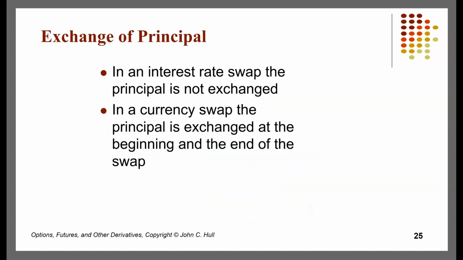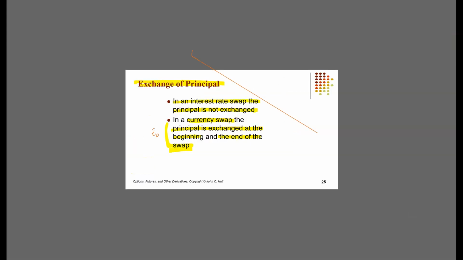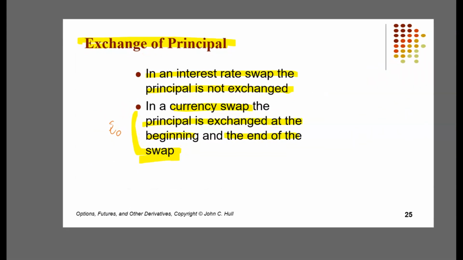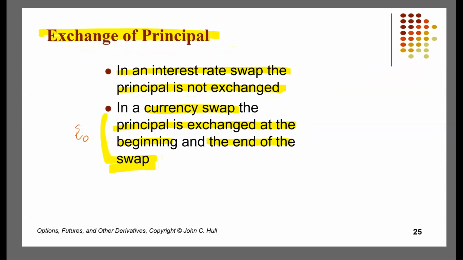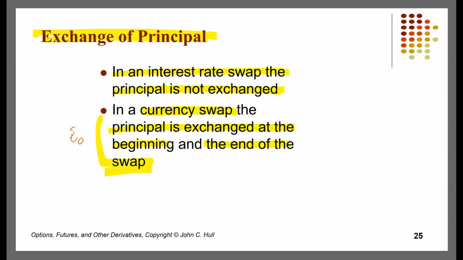With exchange rate swaps, principal is exchanged. In an interest rate swap, principal is not exchanged. We talked about that a second ago. In a currency swap, principal is exchanged at the beginning and at the end of the swap agreement, and this is because of those exchange rates E0 and E1 that occur.